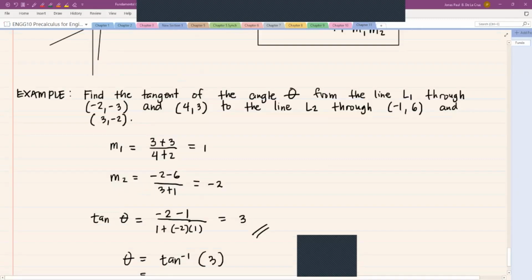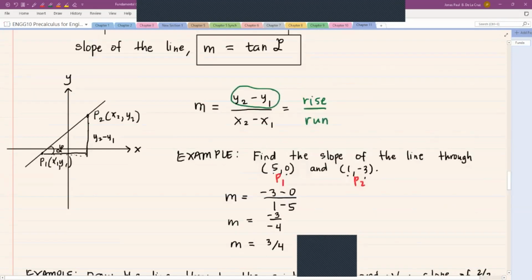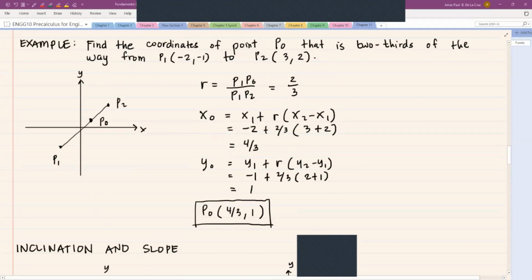We have a formula for R. R is P1PO over P1P2. But remember, our line is directed from P1 to P2.